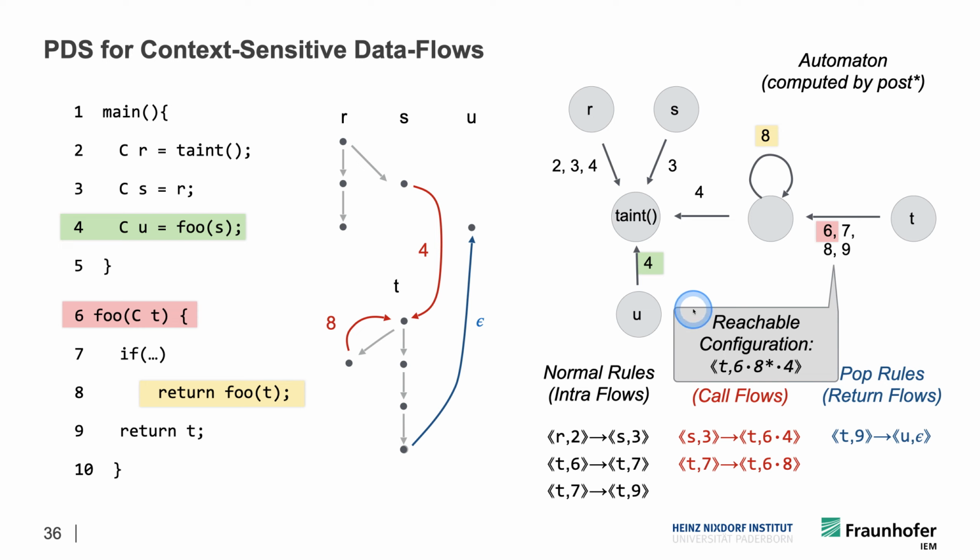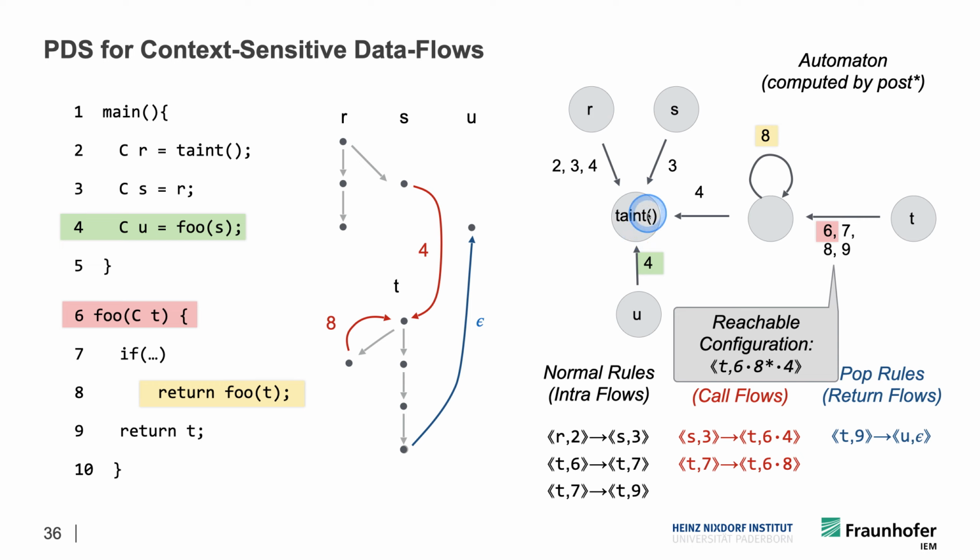And you can basically see this by following the edges that you see here in a backward manner. So initially we have a tainted value here. And so for instance, R at line 2 or line 3 or line 4 is holding this particular tainted value.